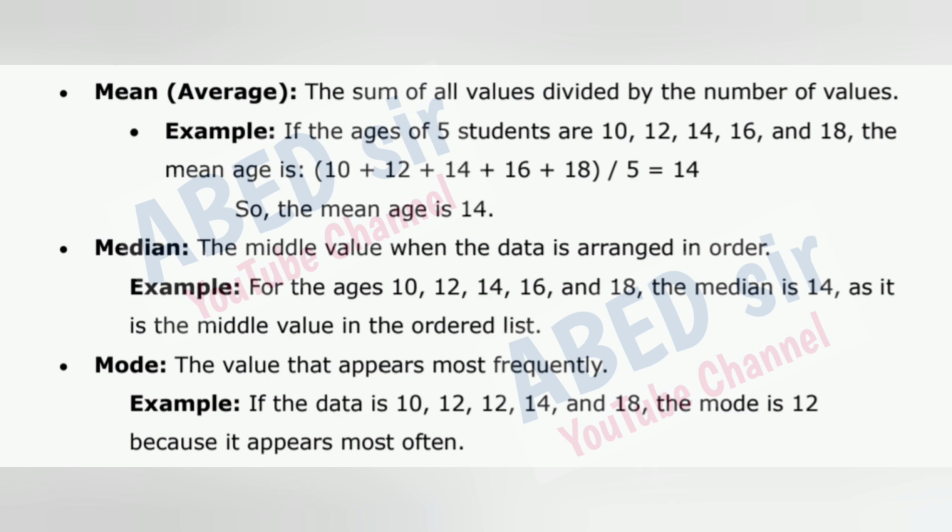Example: for the ages 10, 12, 14, 16, and 18, the median is 14 as it is the middle value in the ordered list. Mode, the value that appears most frequently. Example, if the data is 10, 12, 12, 14, and 18, the mode is 12 because it appears most often.